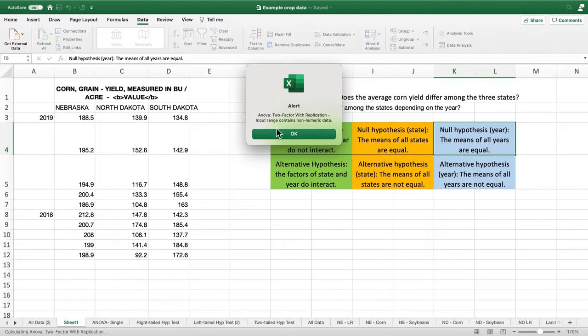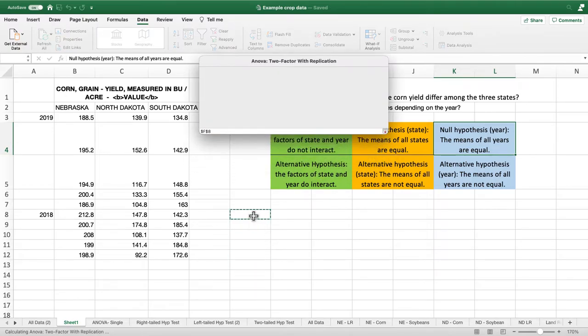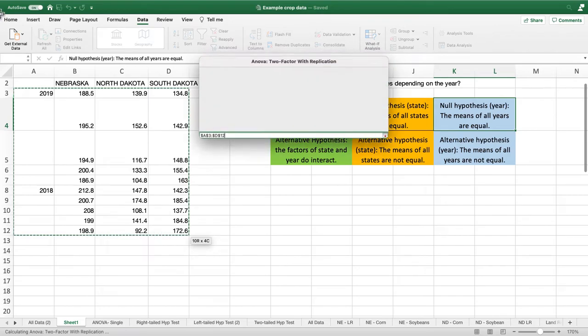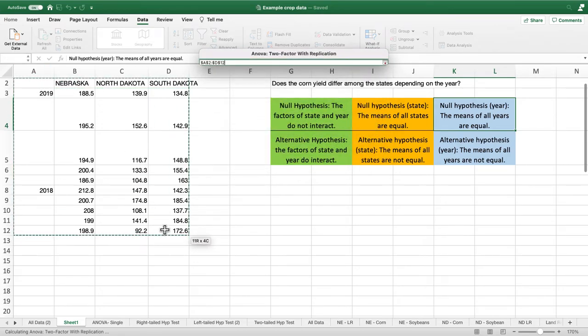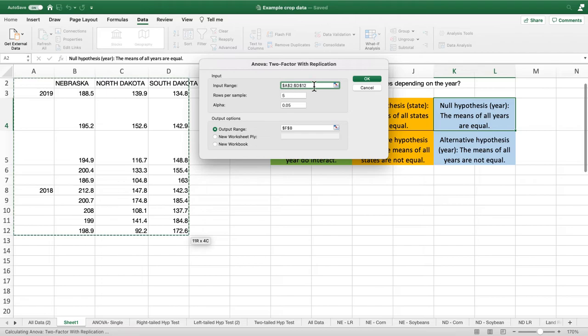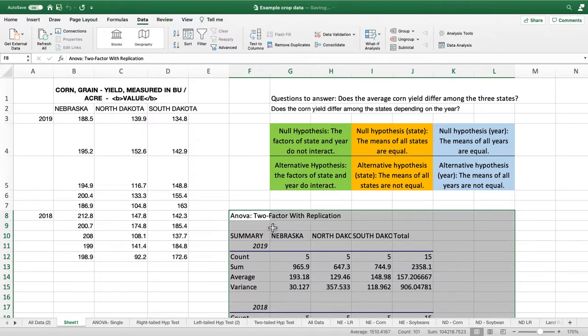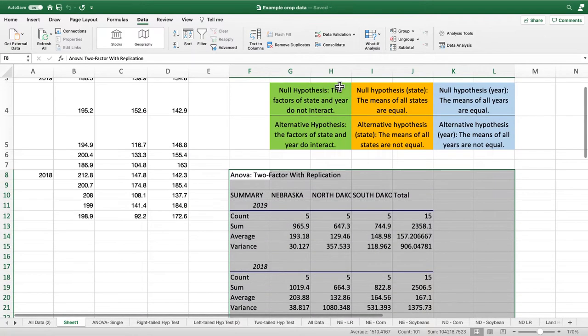Click OK. We somehow got to 122. We only want, oops. There we go. We want A2 through D12 for our input range. Now it worked.